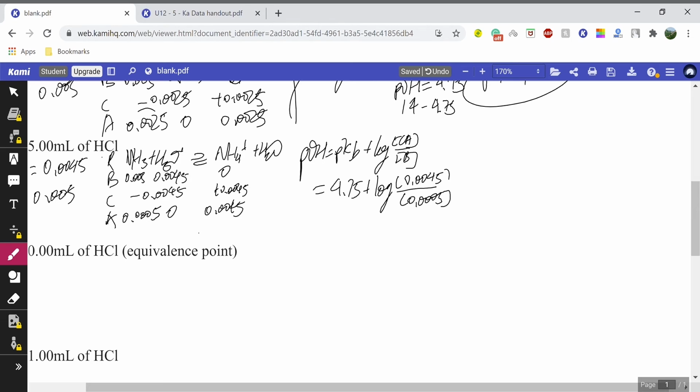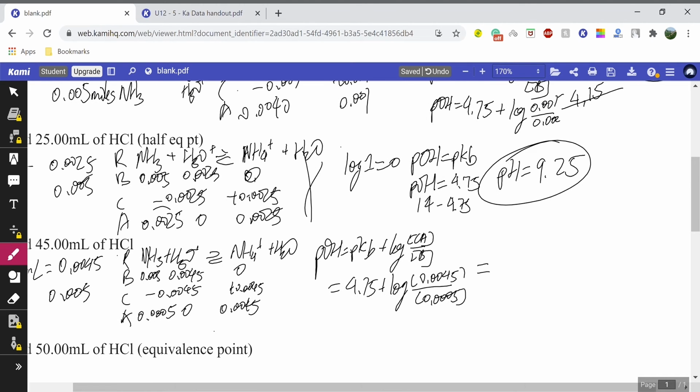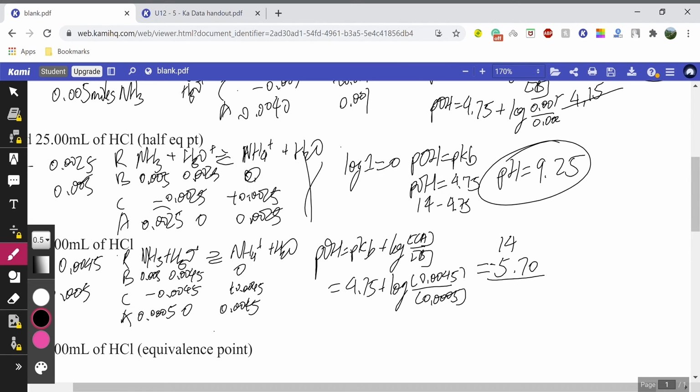So 4.75 plus the log of 0.0045 divided by 0.0005 is going to give you an answer of 5.70. Again, this is pOH, so we're going to have to subtract it from 14. So our answer will be 8.29, 8.30, and that's our pH.